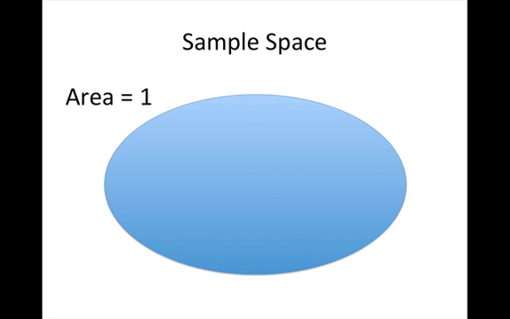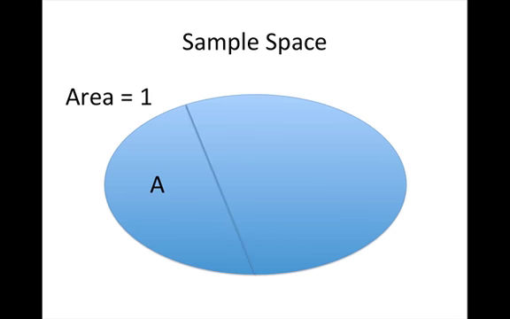And usually we use Venn diagrams to represent the sample space. So this big oval is the sample space. Recall that if you add up the probabilities of all possible events or all possible outcomes within that sample space, the area is going to be 1. So think of the area of this thing as being 1.